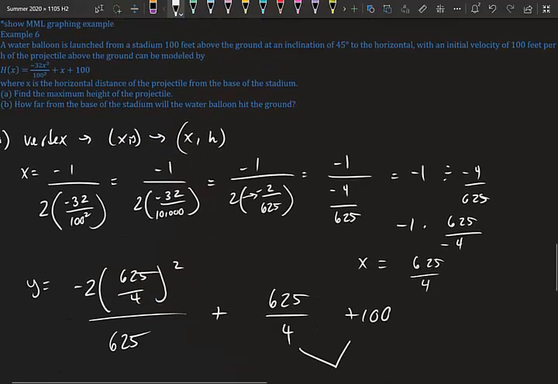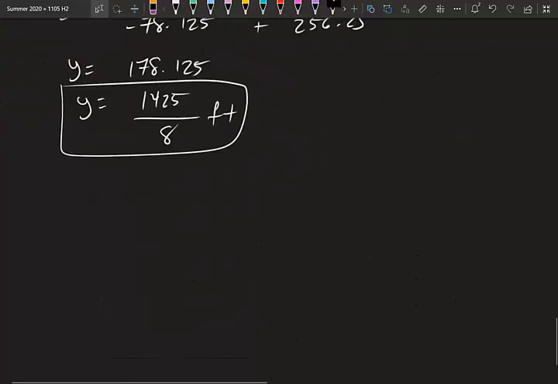So B is asking how far from the base of the stadium will the water balloon hit the ground? So we're looking for when it will hit the ground. That's x. Ground, floor, surface, y is 0, or h is 0, same thing.